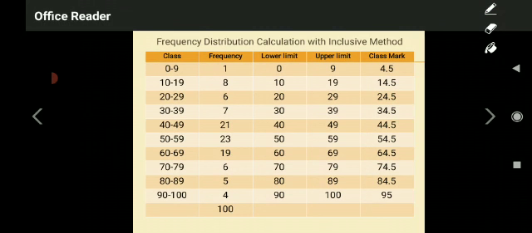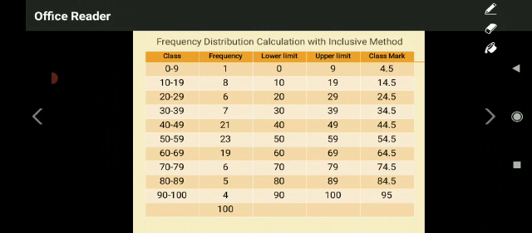Here is the frequency distribution calculation with the help of the inclusive method. In the first column we mention class limit, or class interval. In the second column we mention frequency. In the third column is the lower limit, the fourth column is the upper limit, and the last one is class mark.